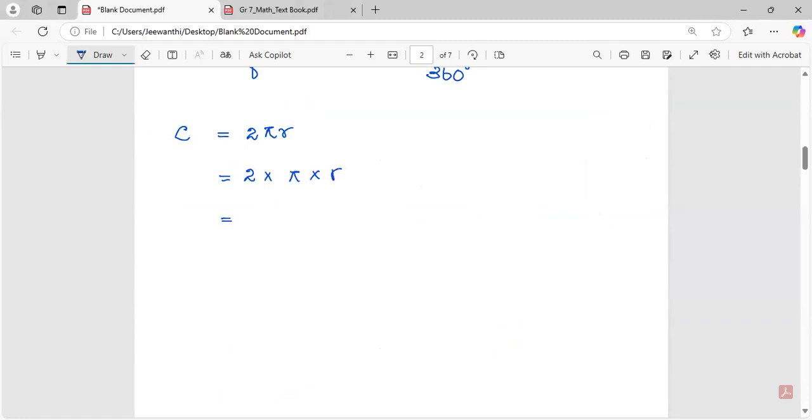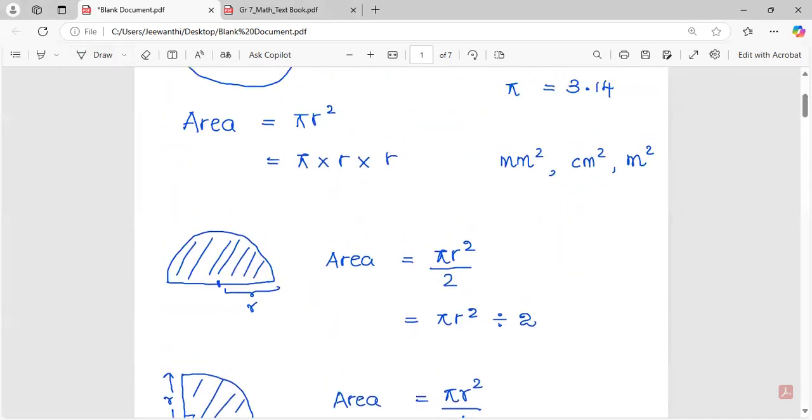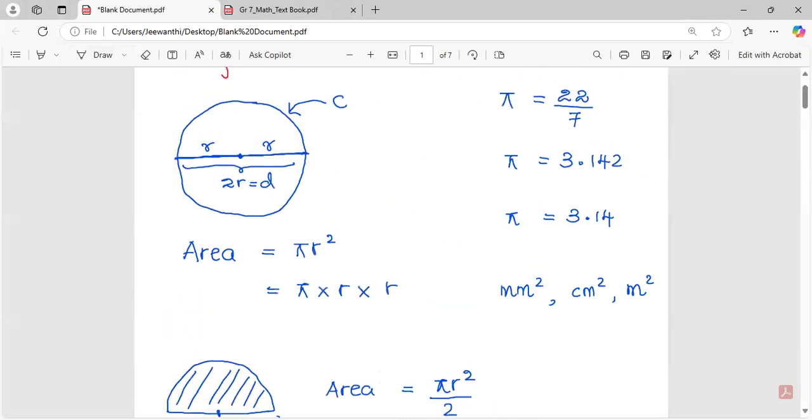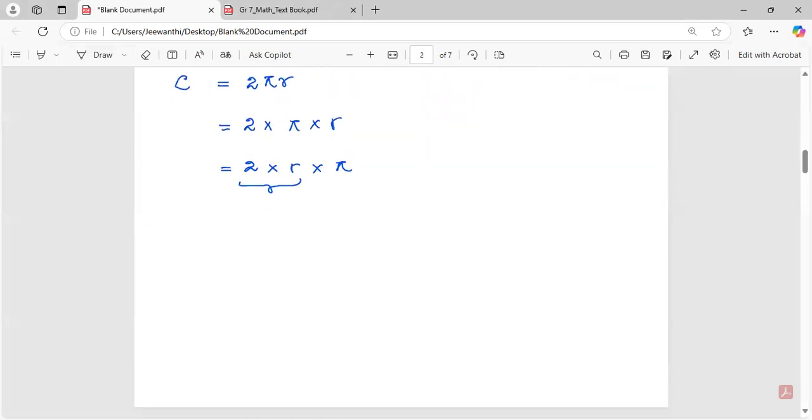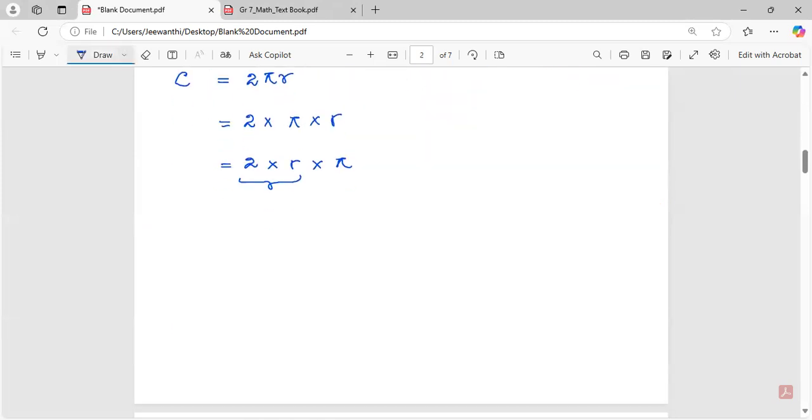I take this r closer to 2, so 2 times r times π. Earlier, I told you that 2r is equal to the d value. 2 times r is equal to d. Therefore, here I write d instead of 2r. So then I have d times π.